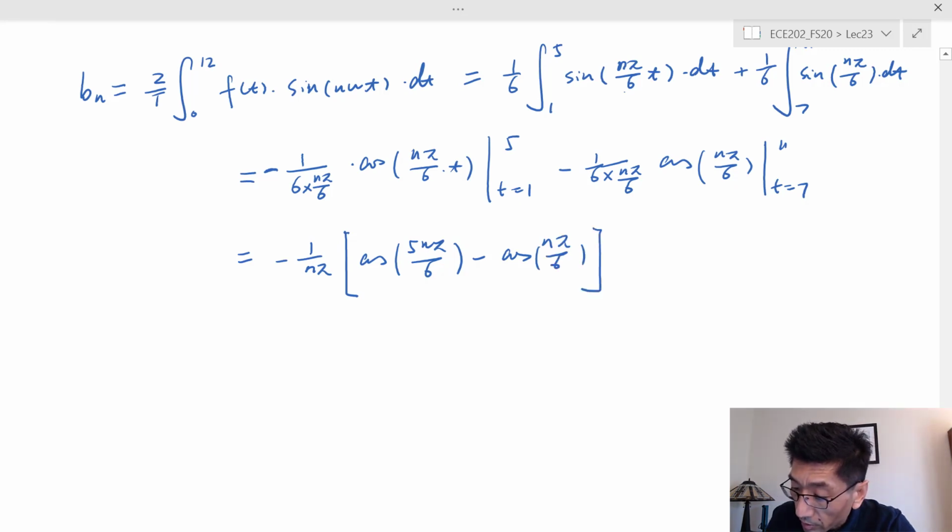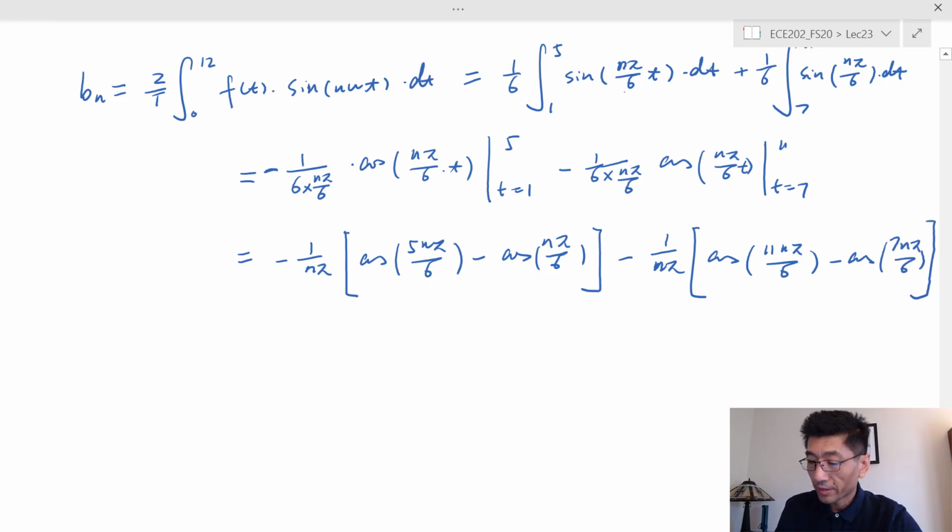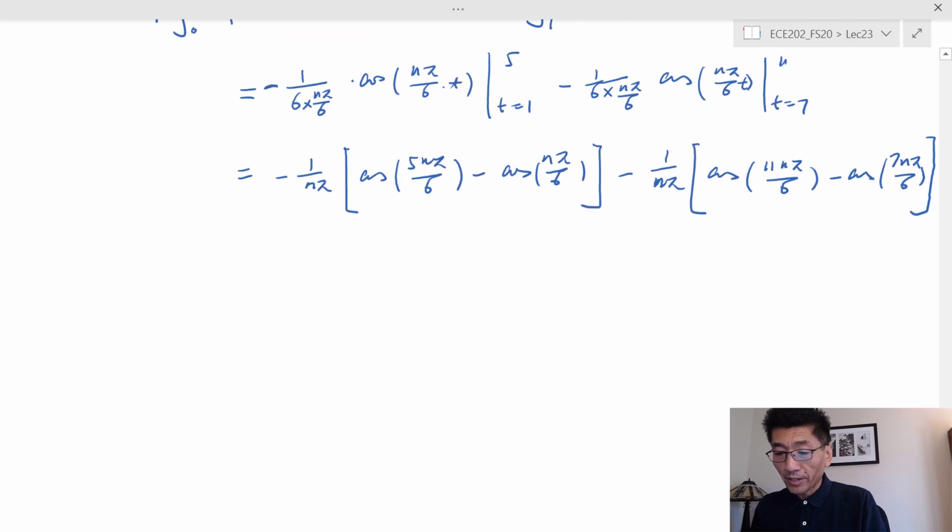This is the first term, and the second term I have 1 over n pi, I have cosine 11 n pi over 6, oh, I forgot t here, 11 n pi over 6 minus cosine 7 n pi over 6, right? Too many terms, we're going to simplify this a little bit.